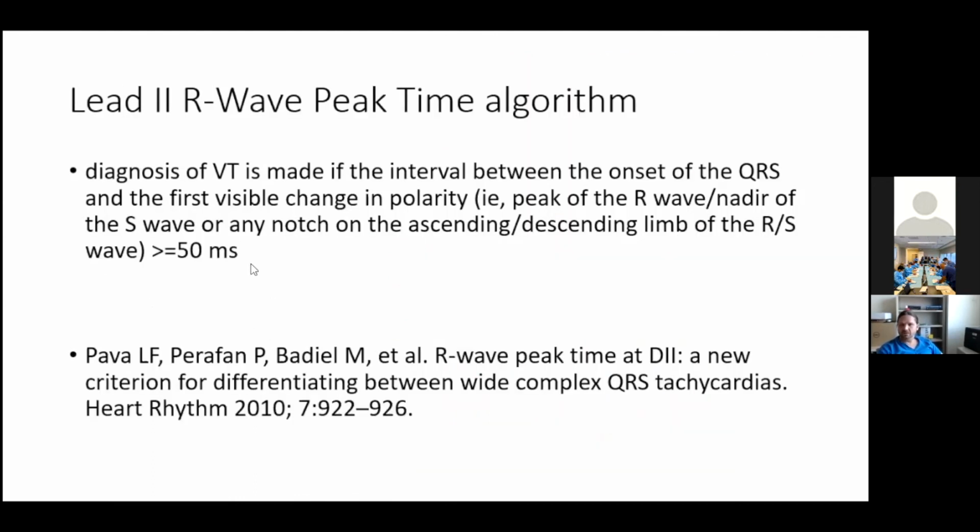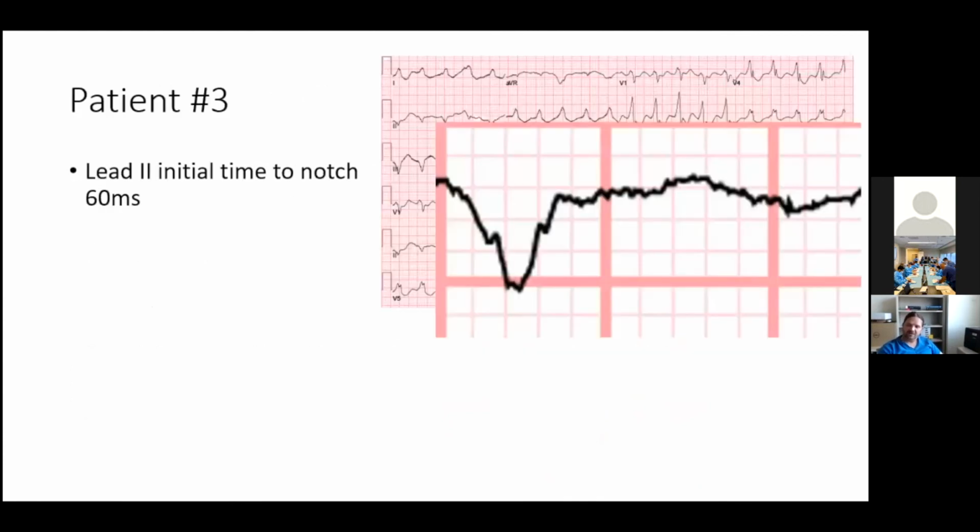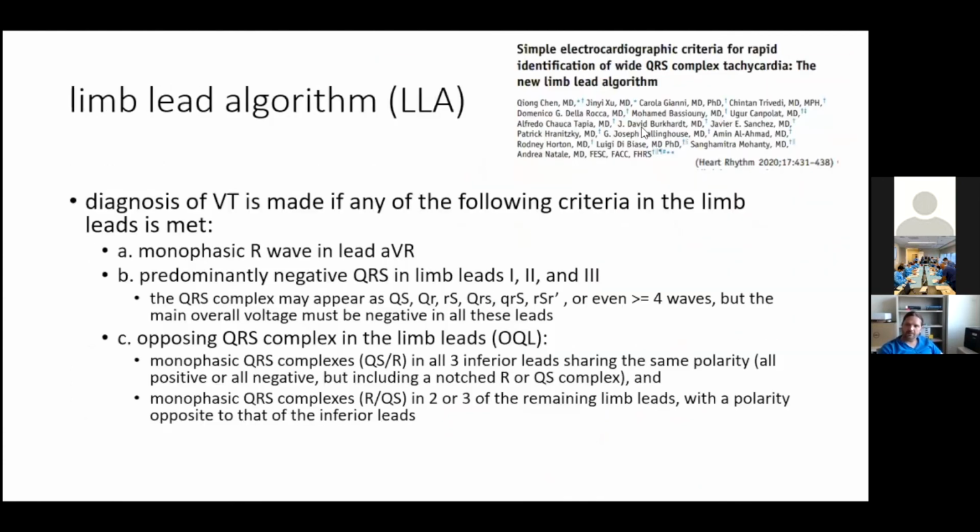Finally, there's a newly published algorithm from last year, the limb lead algorithm. I'm going to skip over the lead 2 one. The limb lead algorithm, published in 2020, is basically looking for monophasic R in AVR or predominantly negative QRS in 1, 2, and 3, basically telling you you have a northwest axis, or opposing monophasic complexes in the limb leads.